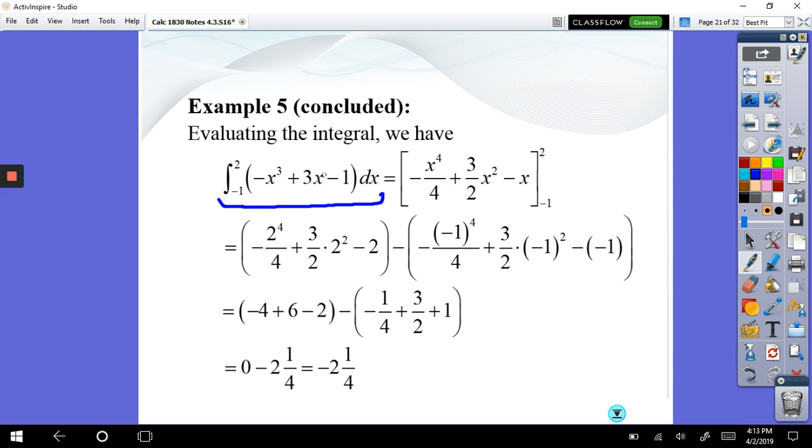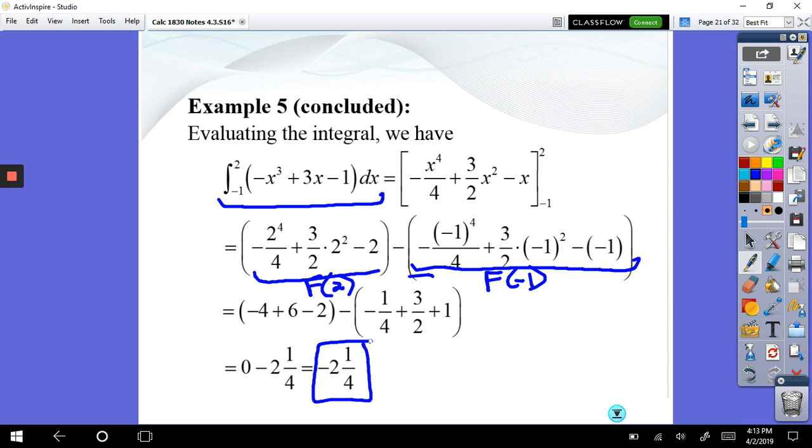Then plug in, the integral is from -1 to 2, so plug in 2. This is big F of 2. Plug in -1. Subtract those. This is F of -1, and you get a negative value.